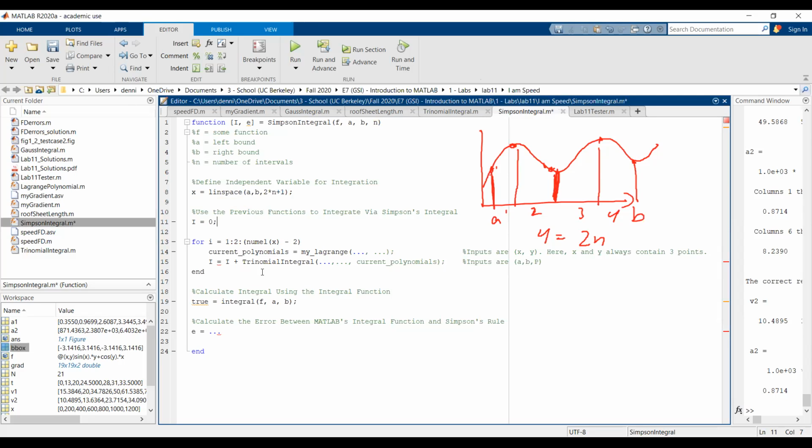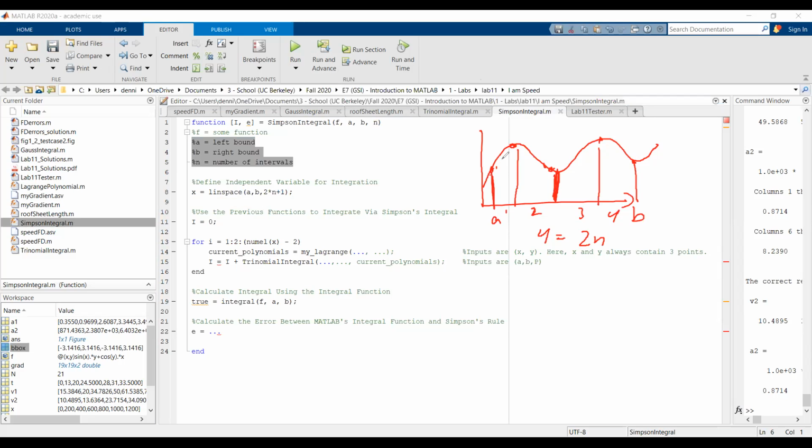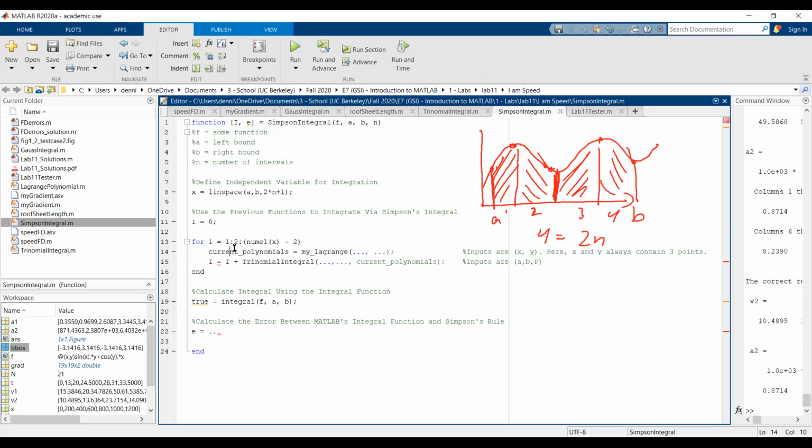I equals 0. We're just initializing I because it's going to store the sum of all of the rectangles up to that point. We're going to add on the area of this rectangle over here, and then the next loop we're going to add on this one, and this one, and this one. We're going to keep doing that until we finish the loop. So we're going to loop from 1 to the number of elements.